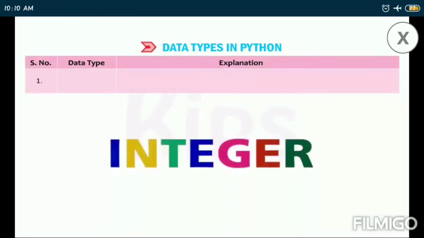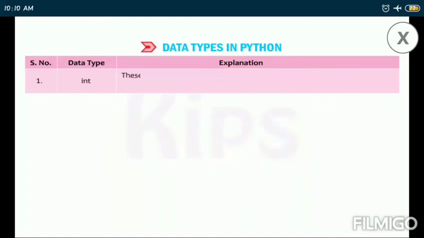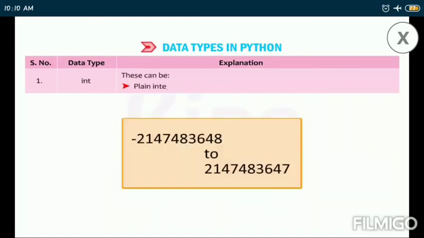Number 1. Integer. It is used when you have to work with whole numbers, positive or negative. These can be plain integer. Store values in the range of -2147483648 to 2147483647.